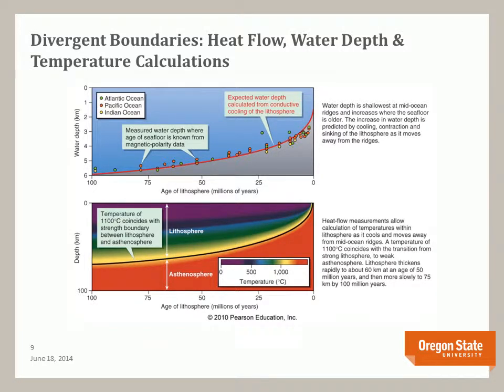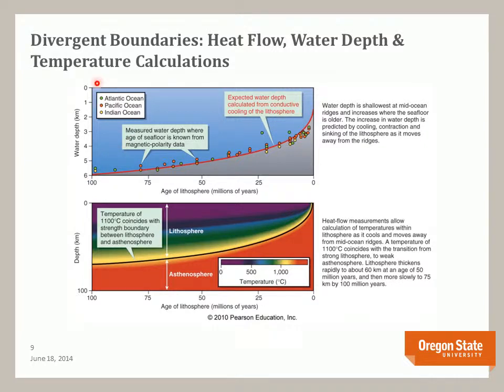So let's keep hammering away at supporting our ideas for divergent boundaries and look at a couple other types of models. Okay, so this model here shows water depth versus age of lithosphere. What we know is that as rocks move away from the hot area around the ridge, they get cooler and thicker.